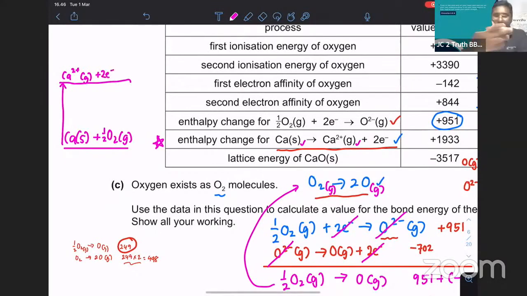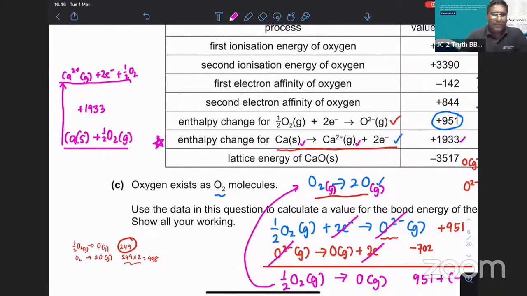They have removed, they already atomized, they already ionized. Do remember they didn't do anything yet to the oxygen, so I just put half O2 like normal. Now that value is going to be plus 1933.